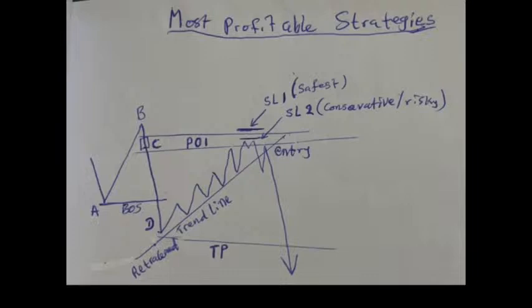So whenever price gives me this complete structural circle in the market, what I do next is to spot out my point of interest, which is labeled C here according to this illustration. After that, I will wait to see how price pulls back into it.